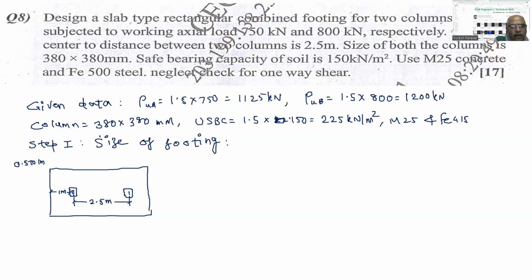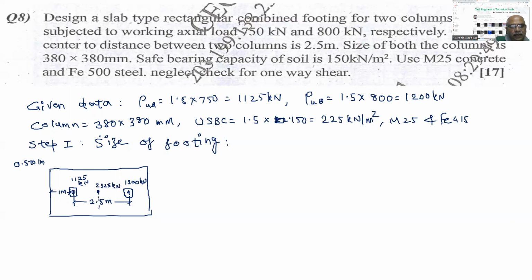Load on this column is 1125 kilonewtons. Load on this column we have 1200 kilonewtons. The CG of the column loads will be somewhere here. 1125 plus 1200 will be 2325.